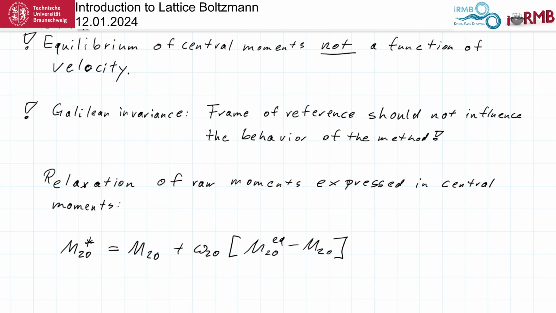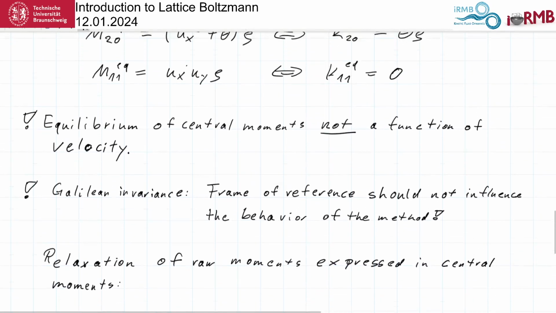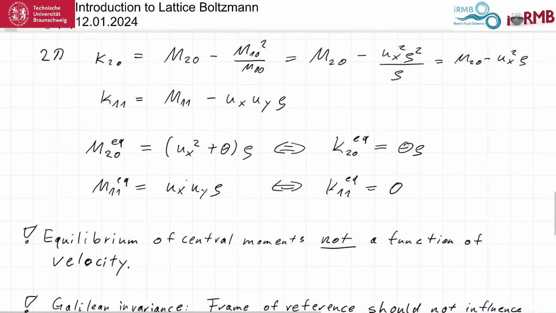So this is how the MRT collision would take place. Now we have a translation between the raw moments and the central moments, so we can write all these raw moments in terms of central moments. So this is K20 asterisk. As we saw above, sorry for going back, K20 is M20 minus ux squared times rho.